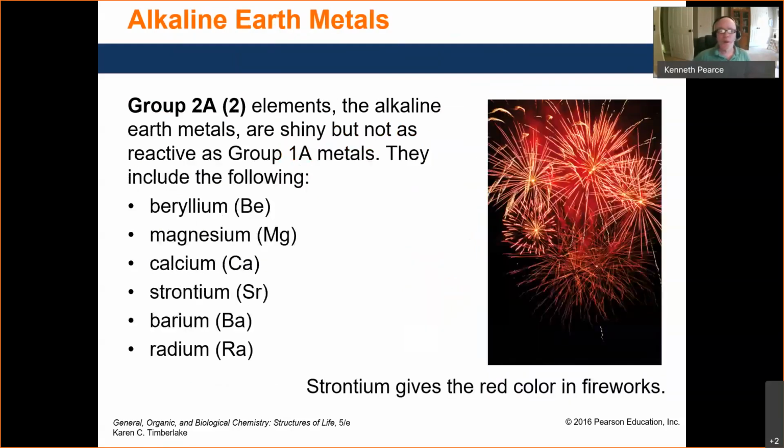Now, the group 2A's are not as reactive, but they're still shiny like all metals are, and they include these guys right here. The further you go down, the more reactive they are. So magnesium you can hold safely in your hand. Calcium, not so much, and you definitely don't want to hold strontium in your hand because it will react with the water in your skin.